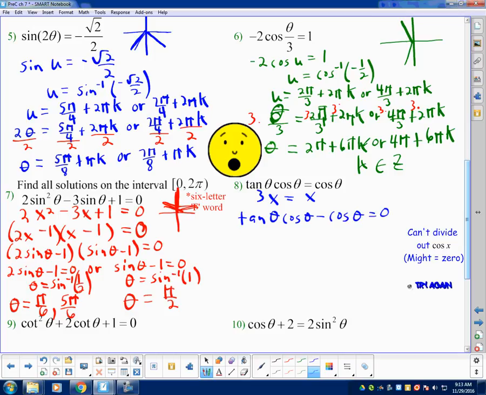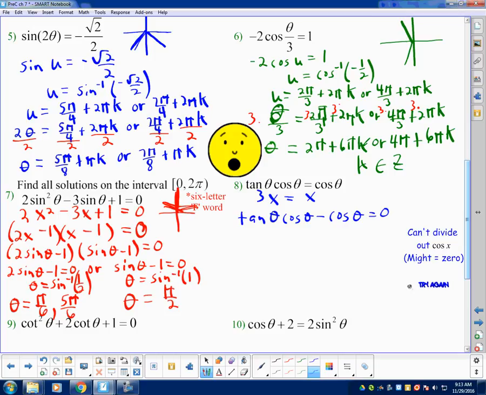Okay? Then we're not going to miss any solutions or break any rules of algebra. So now this is not a quadratic, right? So we're not factoring it into 2 different binomials like we did the previous one, but it can be factored. There's a common factor. You see it?